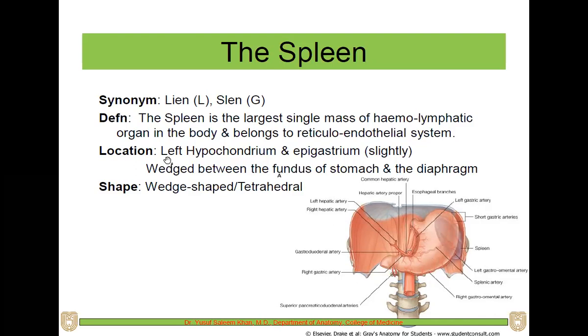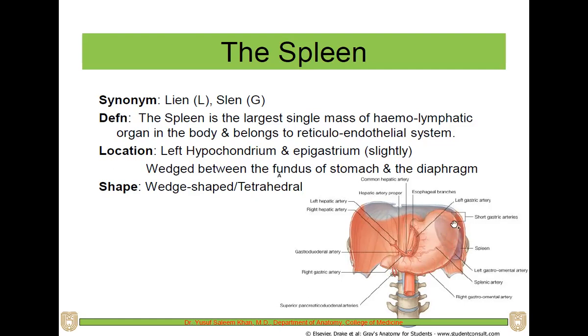The location of the spleen is to the left of the stomach. It is present in the left hypochondrium, and sometimes slightly invaginates into the epigastrium. If you see this, it is wedged between the fundus of the stomach and the diaphragm.